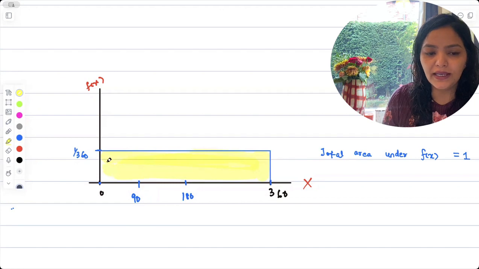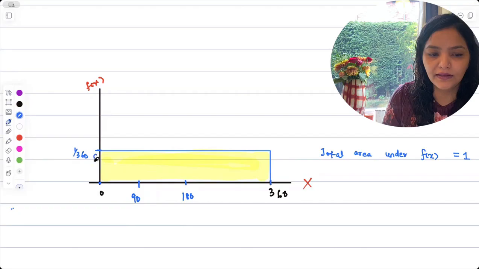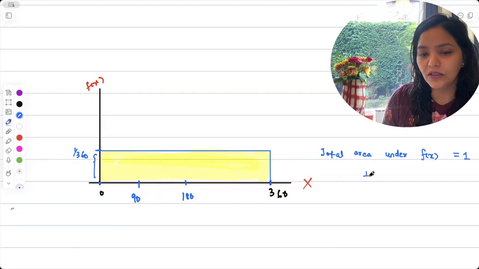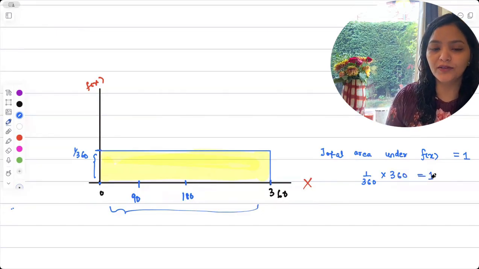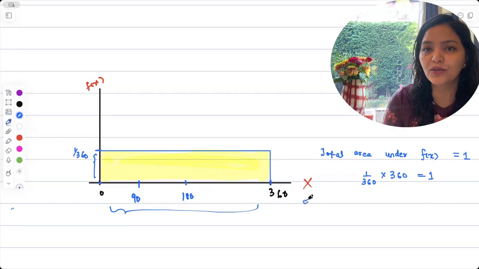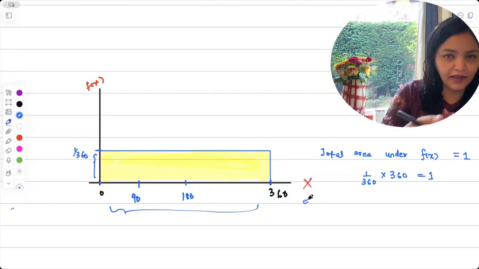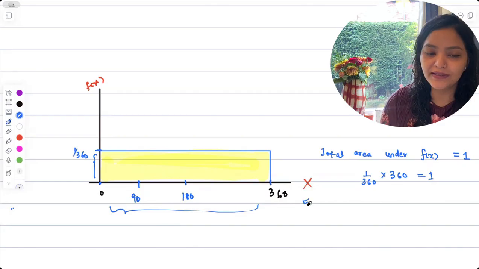Now, what is the area of this rectangle? The area of this rectangle is length into breadth. So you take the height, 1 upon 360, into, what is this length? This is 360. So 1 upon 360 into 360 will give you 1. So yes, this is actually your PDF. Another way of seeing that the PDF is correct.